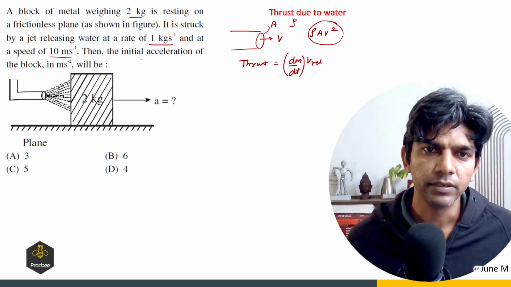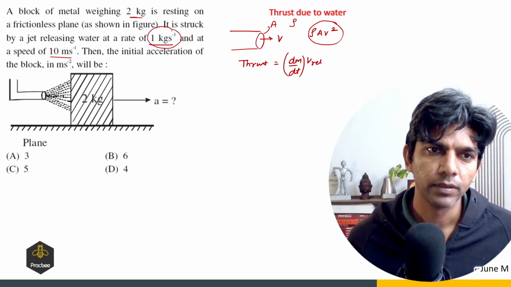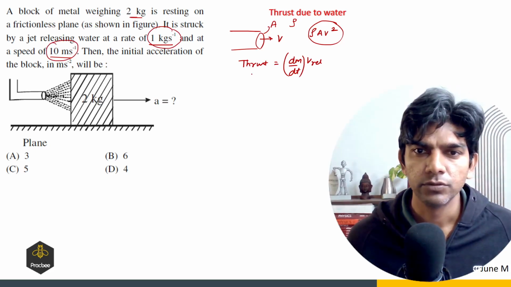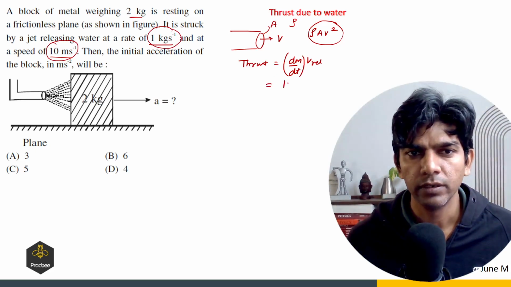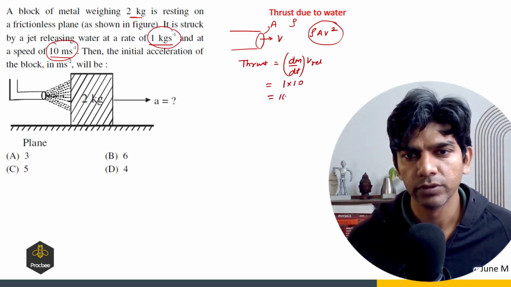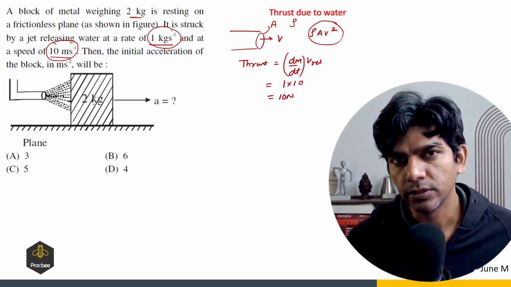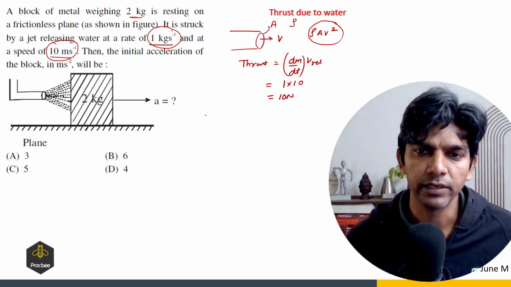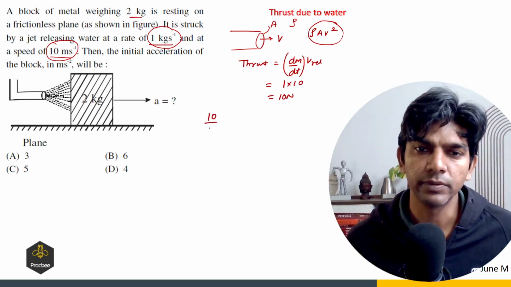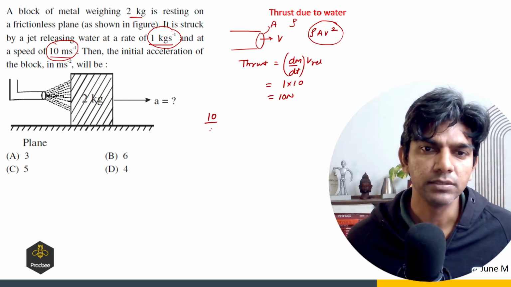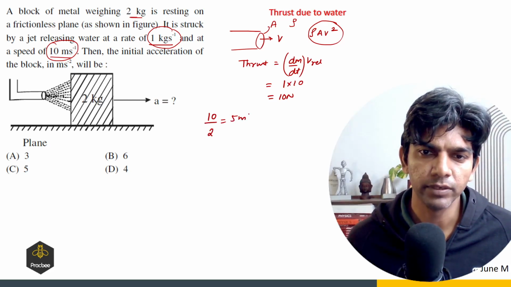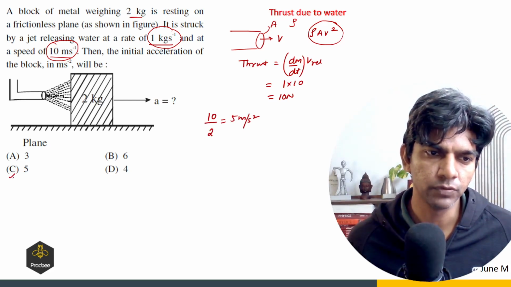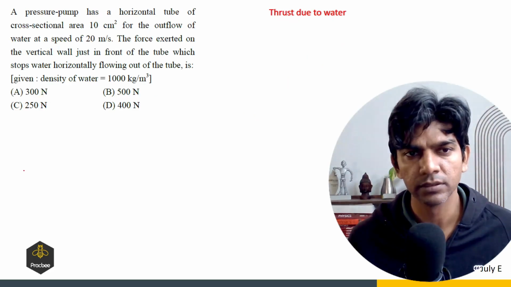Now in this particular case we are given dm by dt and the speed, so the thrust will be 1 times 10, so that will be 10 newton. So this block is experiencing a thrust of 10 newton, and due to that thrust it will have an acceleration of 10 by mass, which is given as 2, so that will be 5 meters per second square. So option C is the right answer.